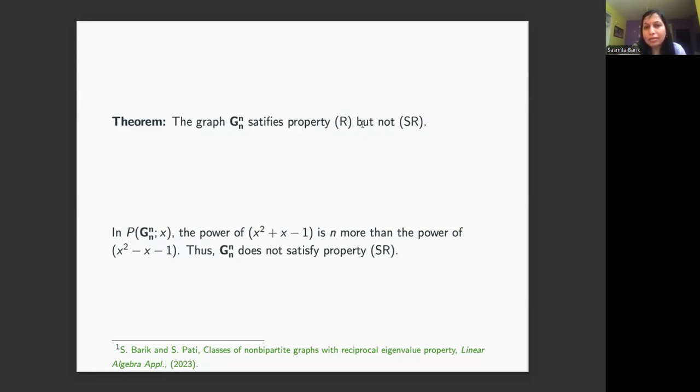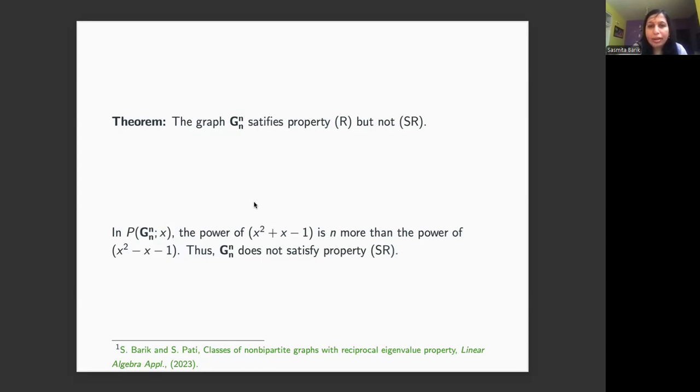Such graphs satisfying property R but not SR are rare. If you look at this paper, the classes are given, but they are obtained the way I told: taking a path of order 4 and then attaching the copy. Some other classes can be constructed in a similar way.